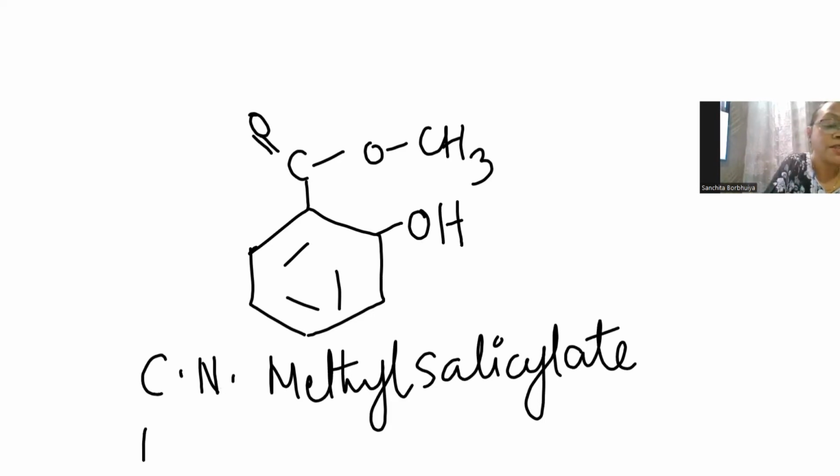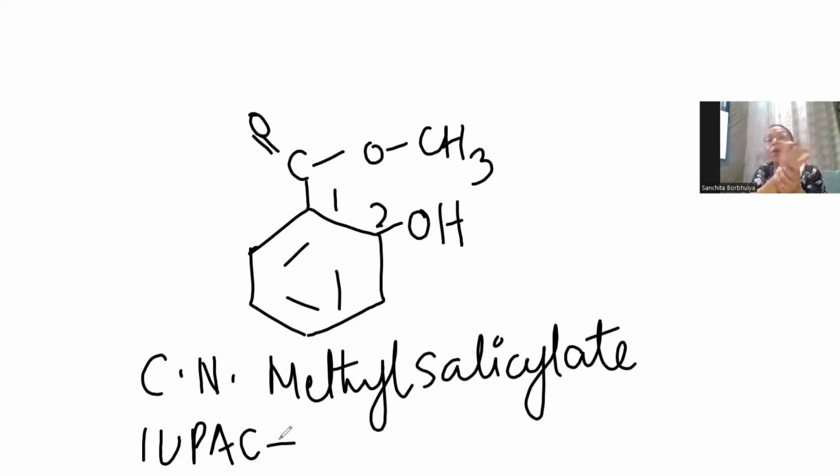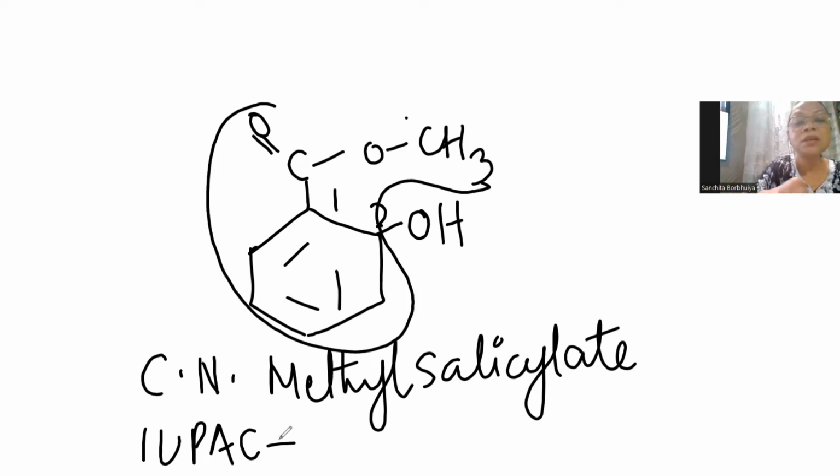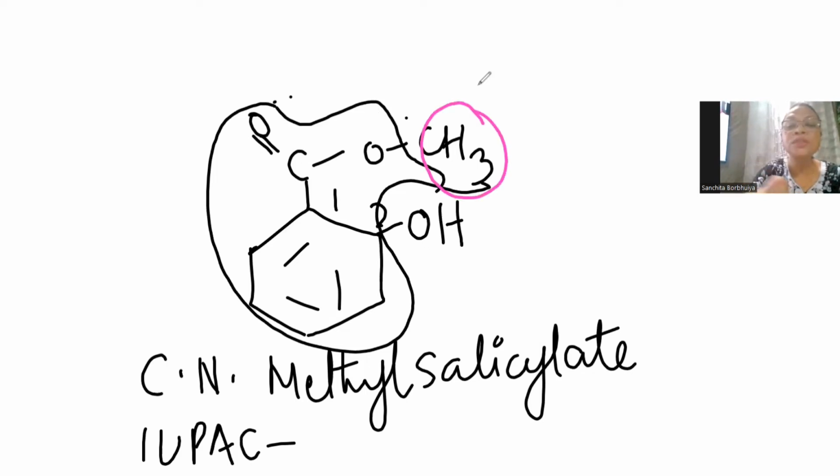So the IUPAC name of this compound, once again, this is 1, this is 2. Why I'm basing my discussion on this is because common names are available and hence the discussion becomes very easy. So this is an ester. So if you segregate this group, the group attached to oxygen is named first in the case of ester nomenclature.